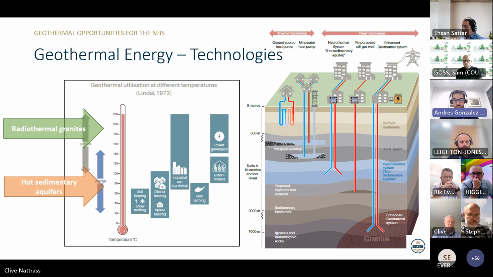So we have the hot sedimentary aquifers that are useful for direct heating, temperatures between 60, 80, 100 degrees Celsius. As I said, depths around 1.5 kilometers, 2.5 kilometers, even deeper. And then the radiothermal granites, as in United Downs, we can reach temperatures up to 200 degrees, and we can use this for power generation. So next slide, please.